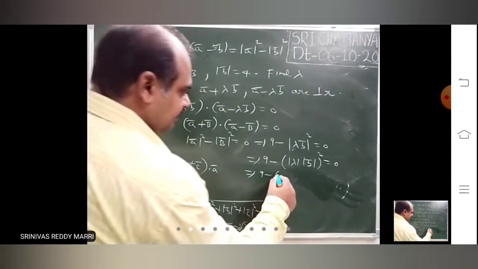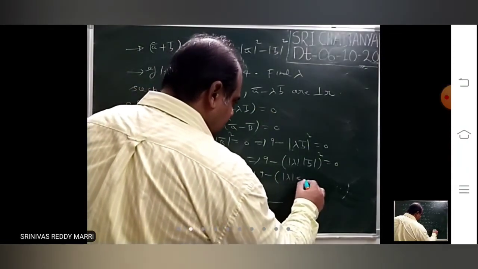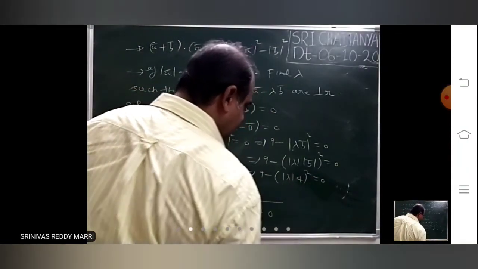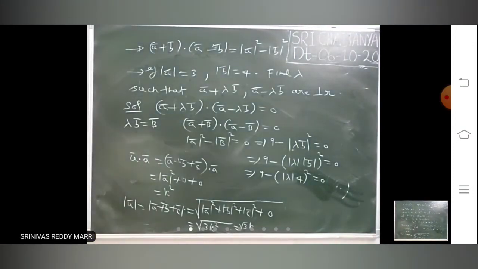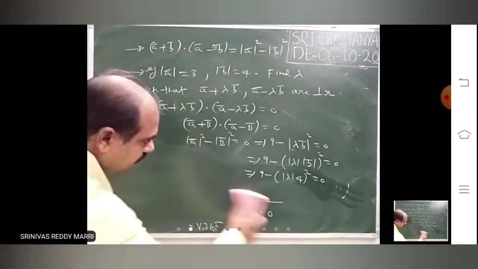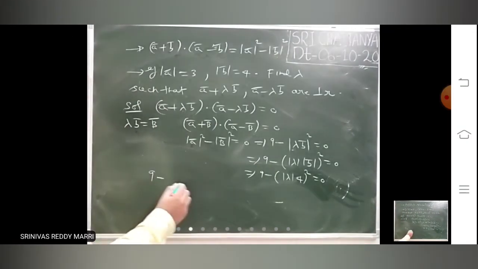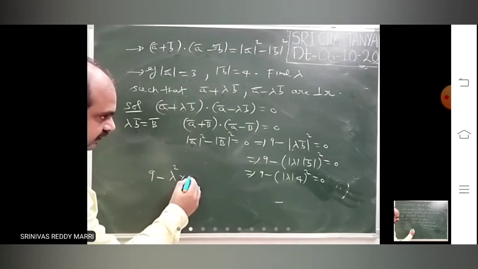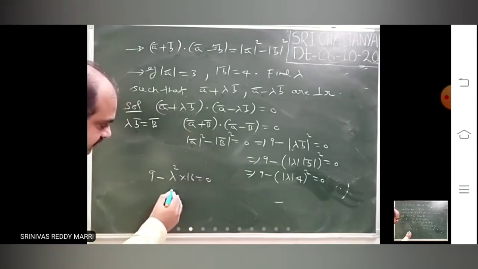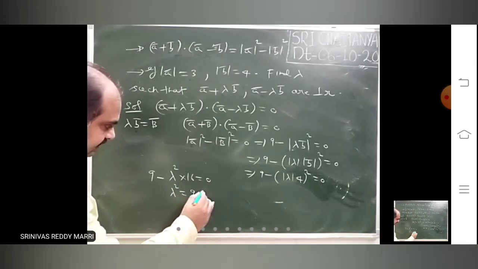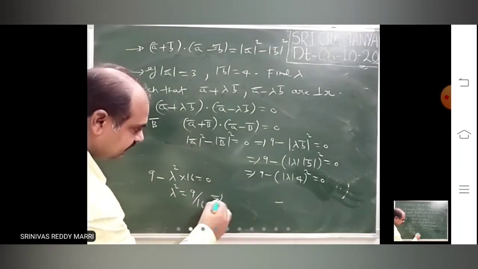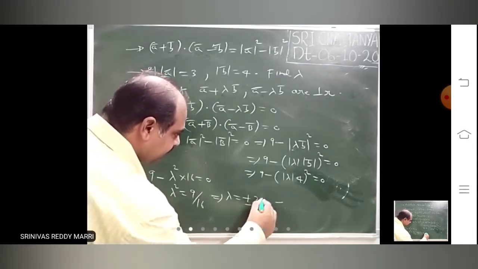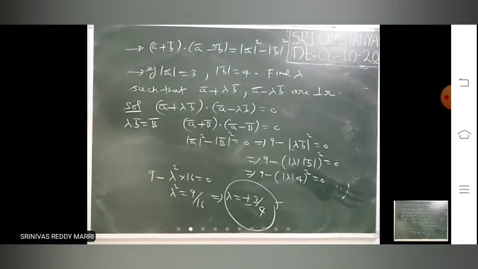Modulus b bar is given, so 9 minus modulus lambda square into 4 square, 16, equals 0. That means lambda square is 9 by 16, so lambda is plus or minus 3 by 4.